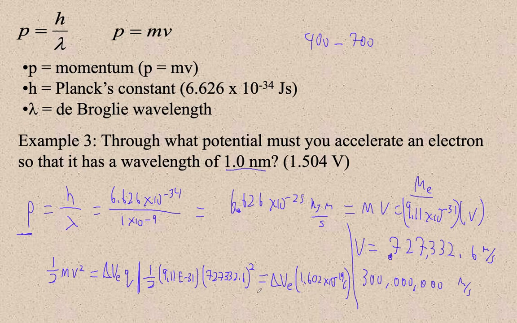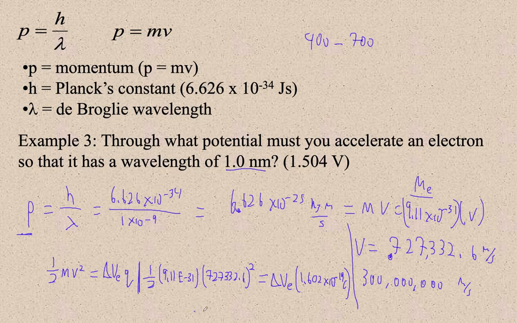Okay, let's try. So 0.5 times 9.11 e minus 31 times the number I just got squared divided by the charge on an electron. There we go.